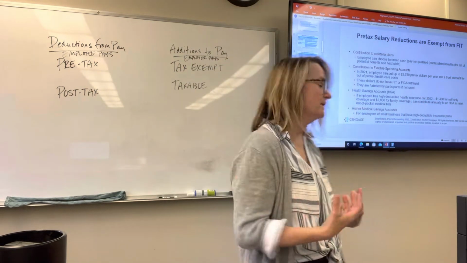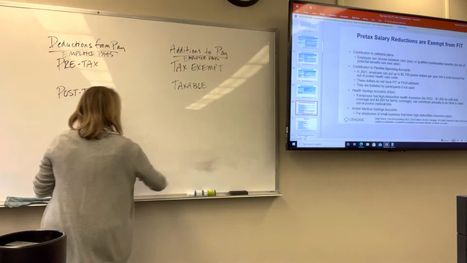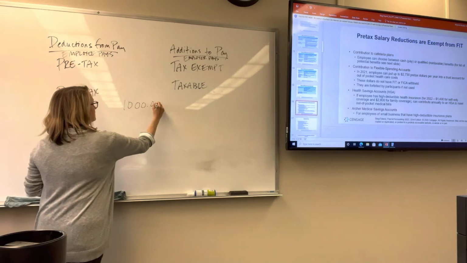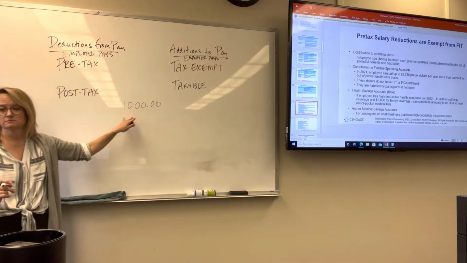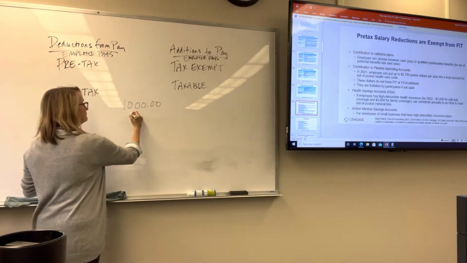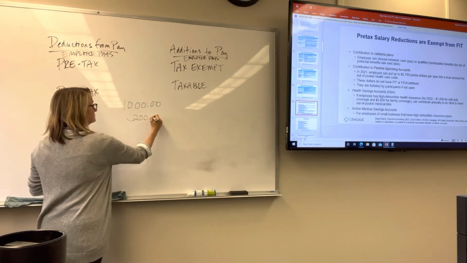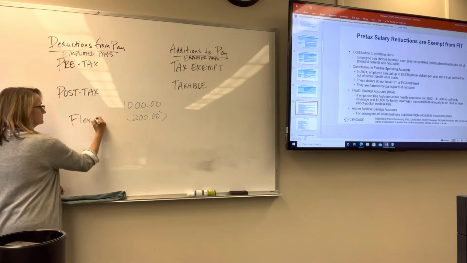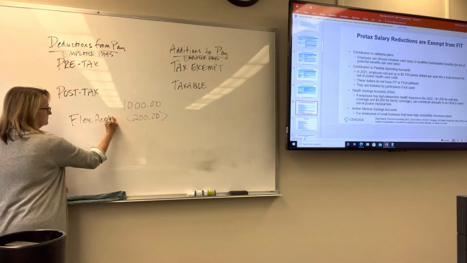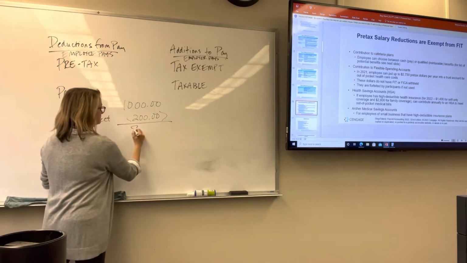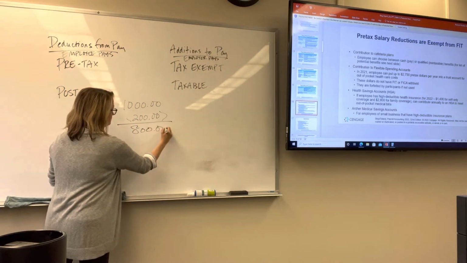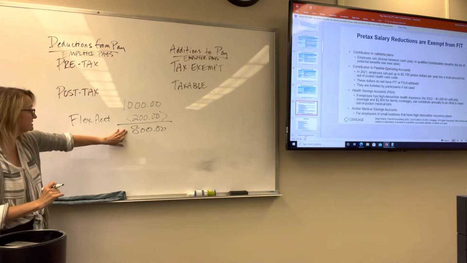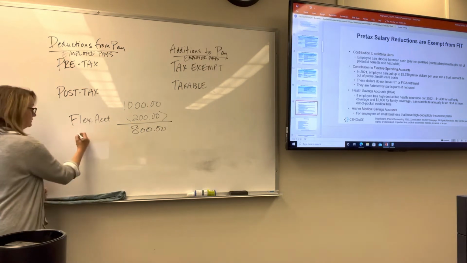So for example, again, I'll use $1,000 is my paycheck. I have $200 taken out for a flex spending account. That means it's going to reduce. They're taking the money, so I'm not getting that $200. My taxable income now has become $800.